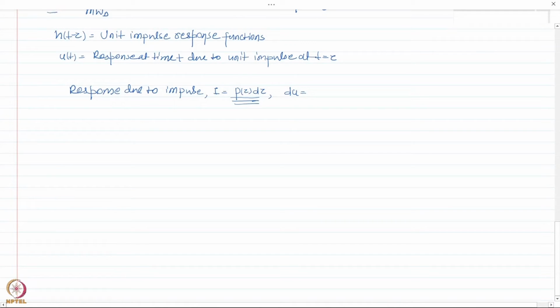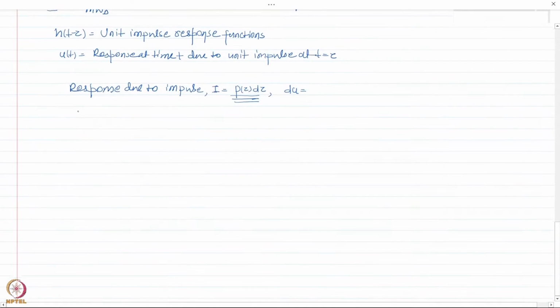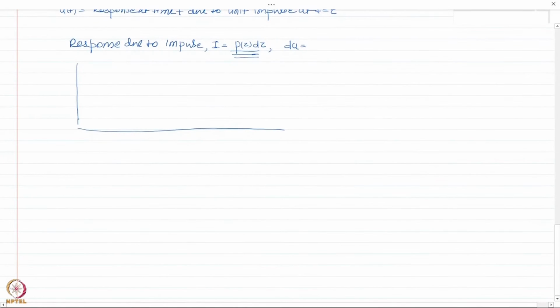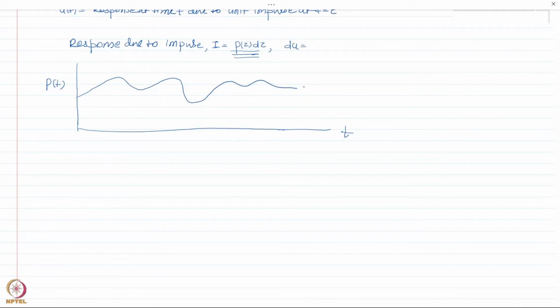Remember, when we said this is the variation of p t with respect to time, and that the variation looks like any arbitrary function, we have the function for unit impulse, but if I divide it into small time durations, these impulses won't be unity.